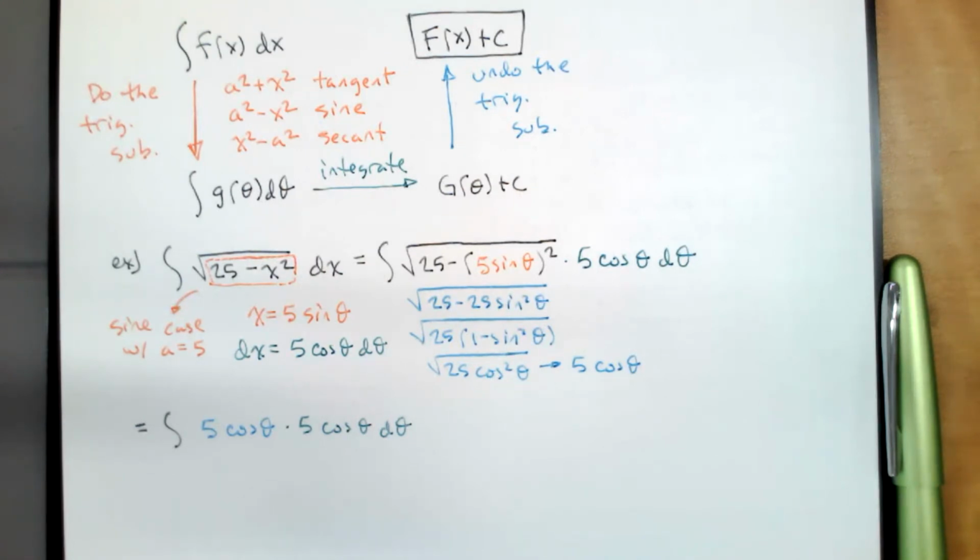And so now we can simplify and we'll be at our theta integral, which is going to be 25 cosine squared theta.